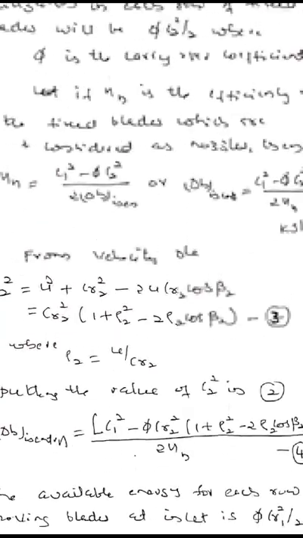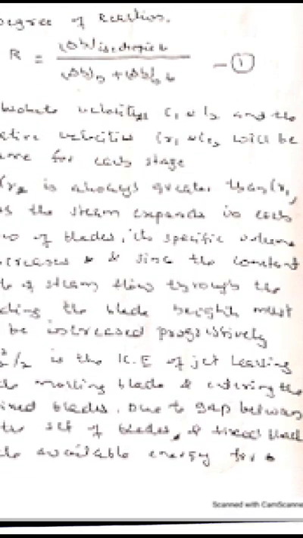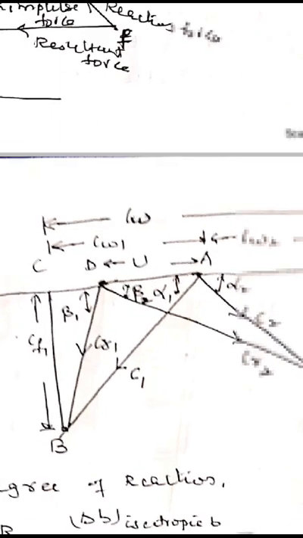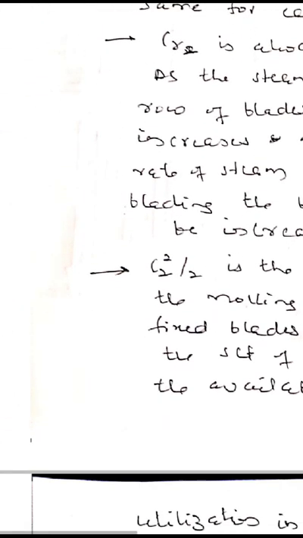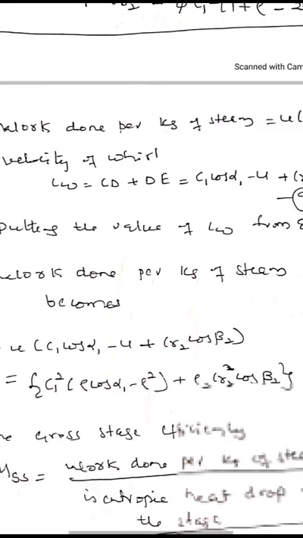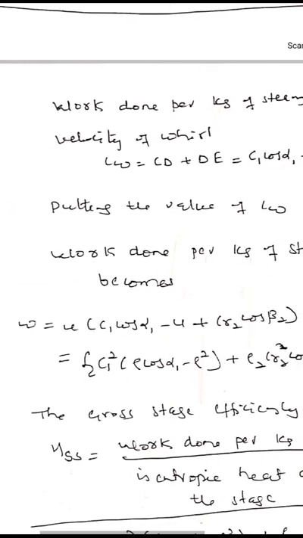It is C1 cos alpha 1 minus U plus CR2 cos beta 2. Then work done per kg of steam equals U into CW. It is given by equation 10.